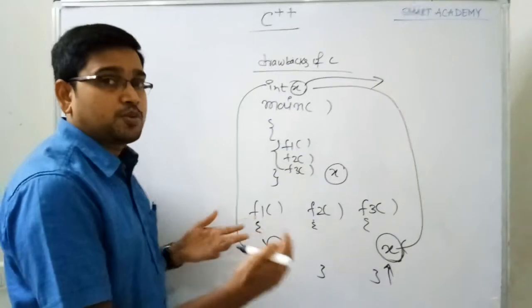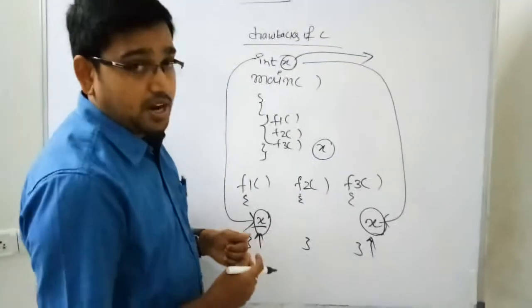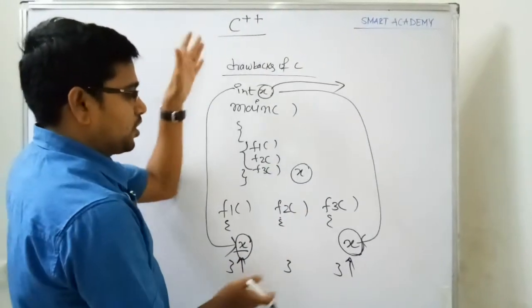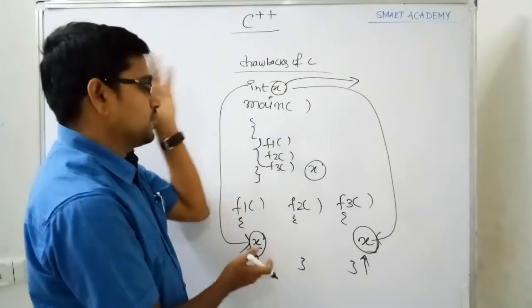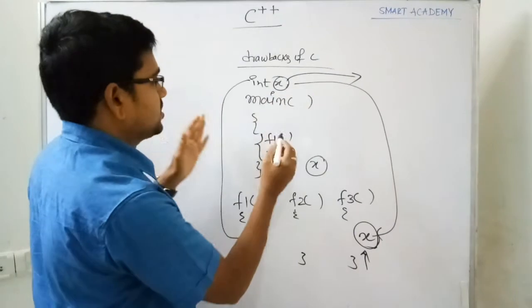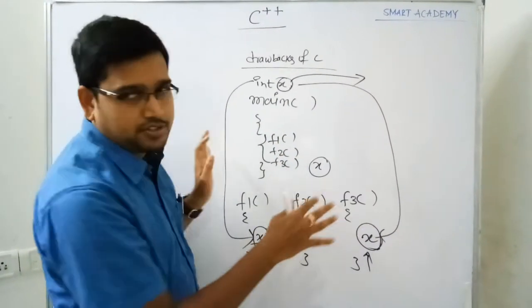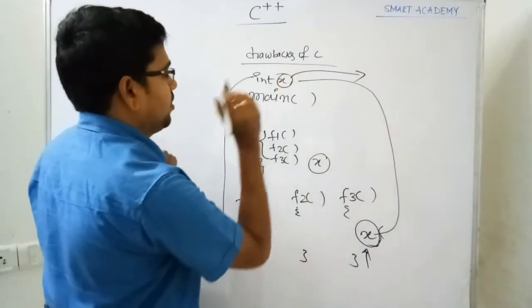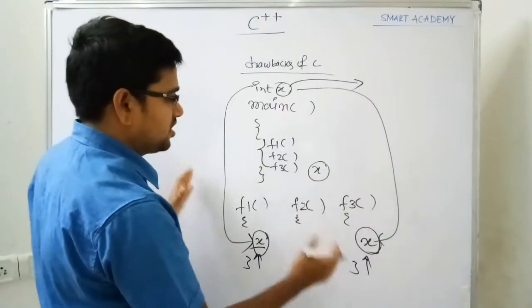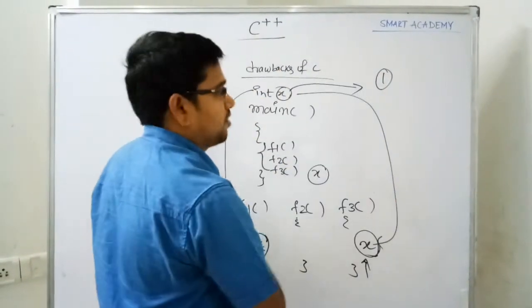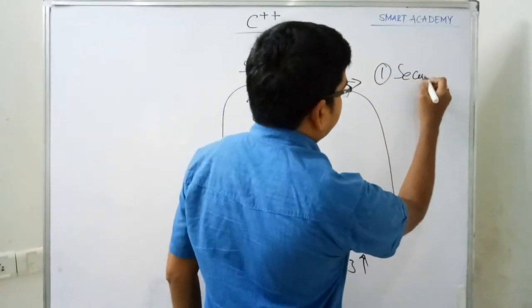So programming would also be difficult, and if there is some bug in this code, it is very difficult to debug because the data is not secure and the data is scattered across different functions. So it is very difficult to keep track of the value x, and this code is not secured. So the number one drawback of C is security.